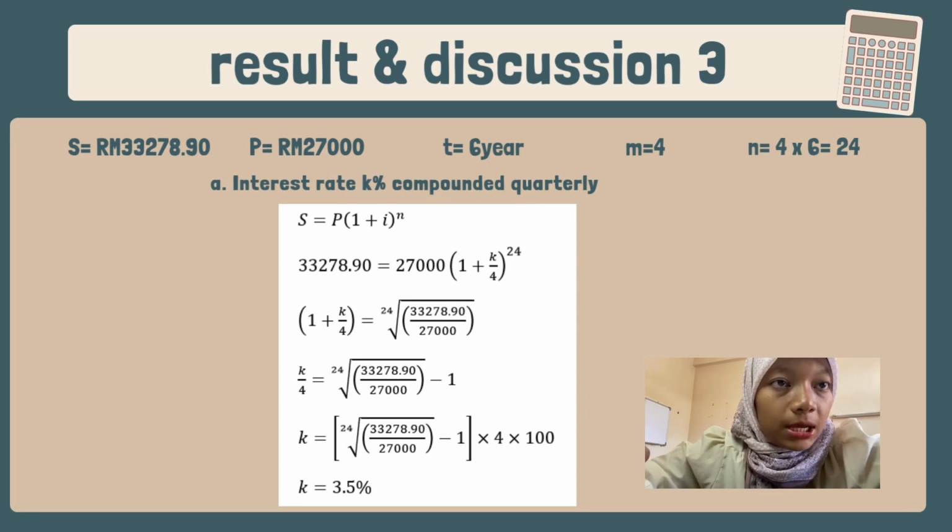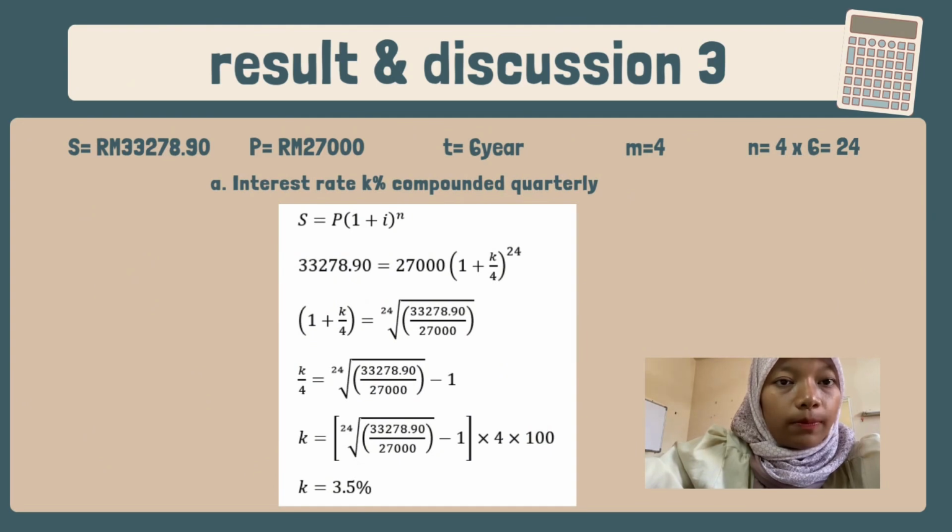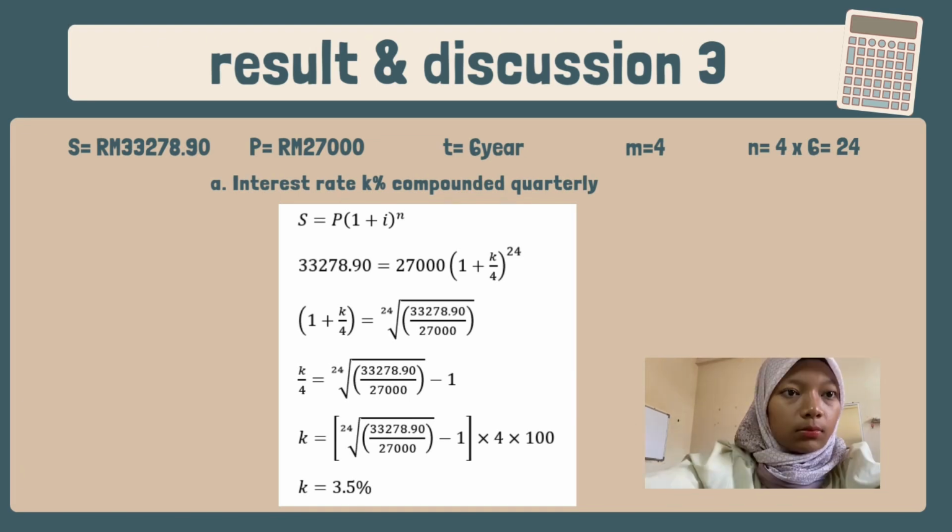To find the interest rate, the formula is S = P(1 + i)^n. So 33,278.90 = 27,000(1 + k/4)^24. Then (1 + k/4) = (33,278.90 / 27,000)^(1/24), so k/4 = (33,278.90 / 27,000)^(1/24) - 1, and k = 4 × [(33,278.90 / 27,000)^(1/24) - 1].